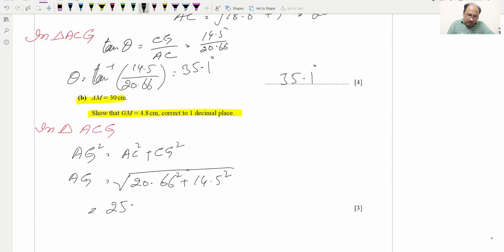So AG is 25.24, and the complete length is AM.